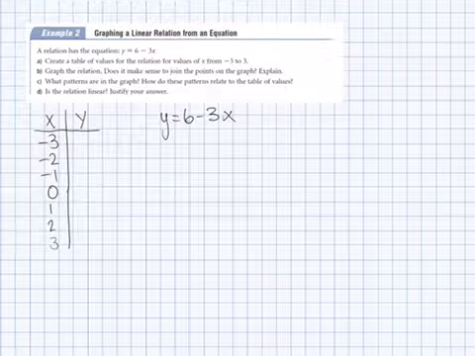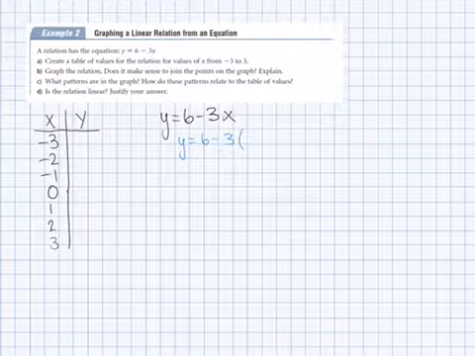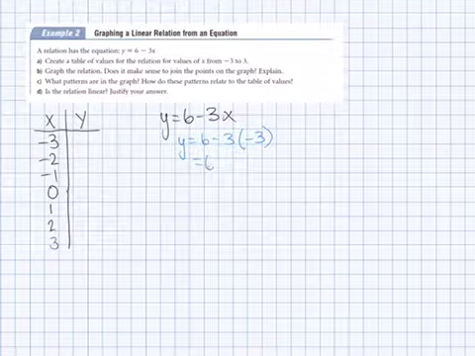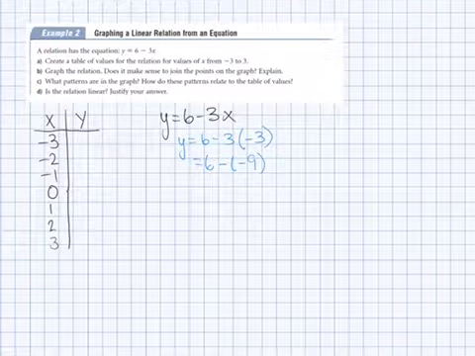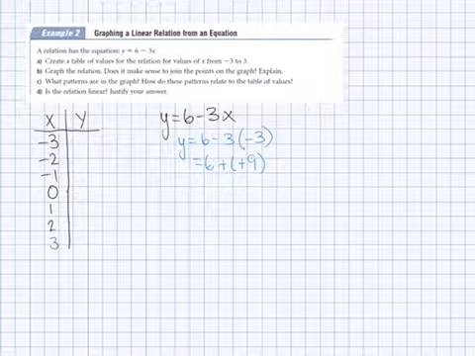So y is equal to 6 minus 3 times x, where x is equal to -3, our first value. You can totally use a calculator for this, but I'm just going to show you how it works out. This will be 6, and then 3 times -3, which is -9. So it's 6 minus -9, which changes your signs because it's subtraction of integers, and you get y is equal to 15.